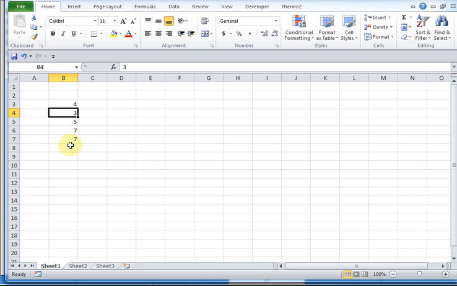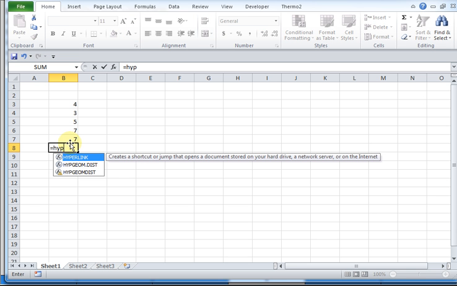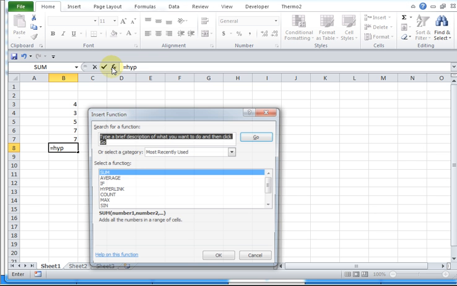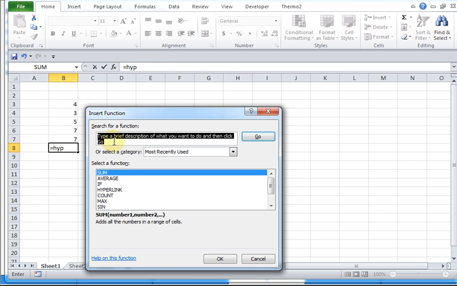Now, let's say I want to take the hyperbolic tangent of this function. Hyperbolic. Sometimes they'll try and give me a guess. But this little function up here tries to help me find the function I want. And up here by the formula bar, I can type the insert a function when I'm looking for the function. So I can type maybe a question right here.